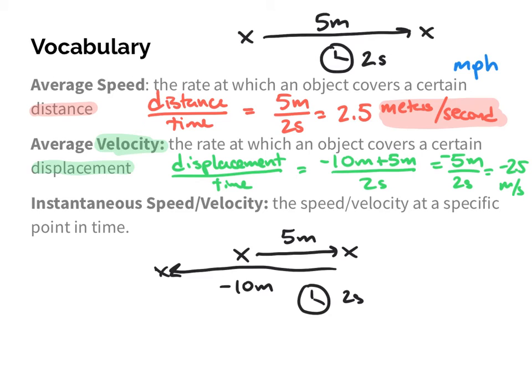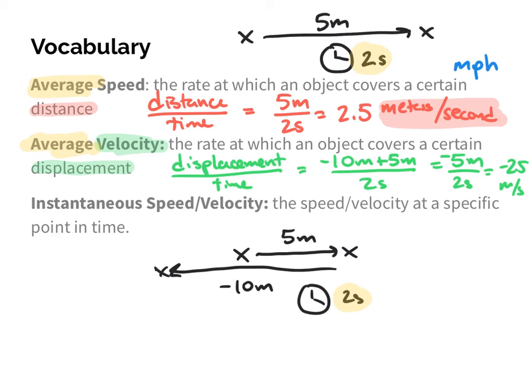All right, so when we talk about average speed and average velocity, keyword here, average. When we use the word average, the big difference here is that we're looking over a length of time. So here it takes me a total time of 2 seconds to move. Down here it takes me a total time of 2 seconds to move.